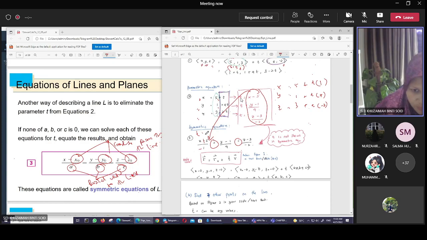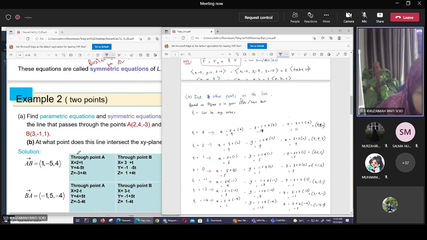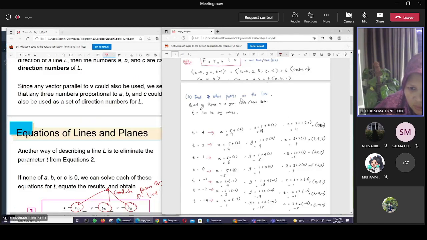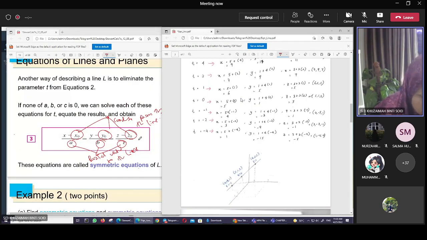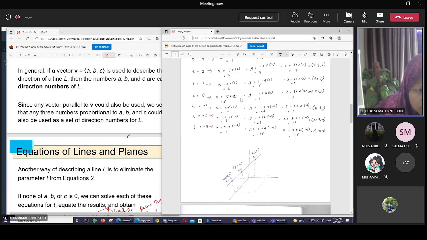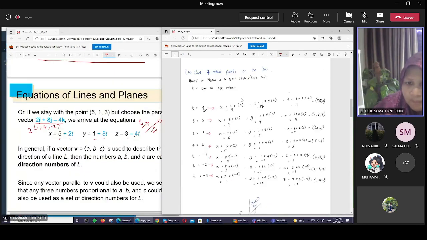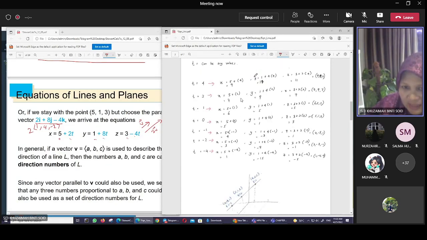Okay, before we go to this, saya want to extend sikit question ni tadi. Question number 1. Kalau yang find saja ada 7 other points on the lines kan. Tadi tu kita dah buat T equals to 0, the 5, 1, 3.